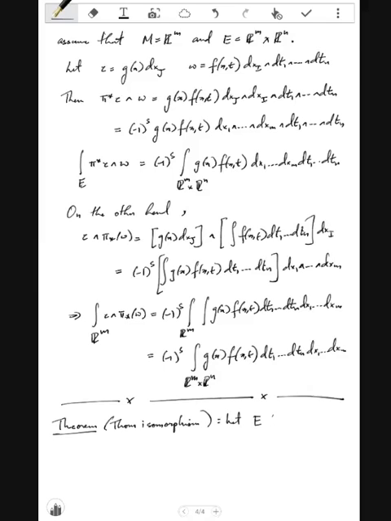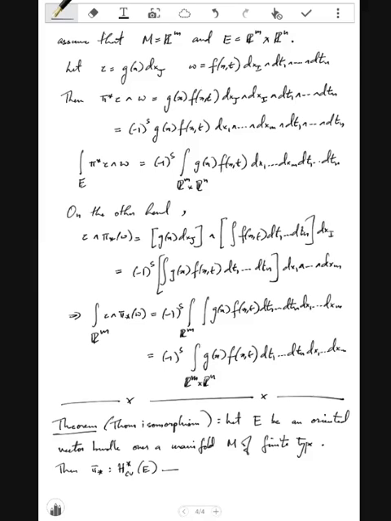Let E be an oriented vector bundle over a manifold M of finite type. Then pi lower star is an isomorphism.